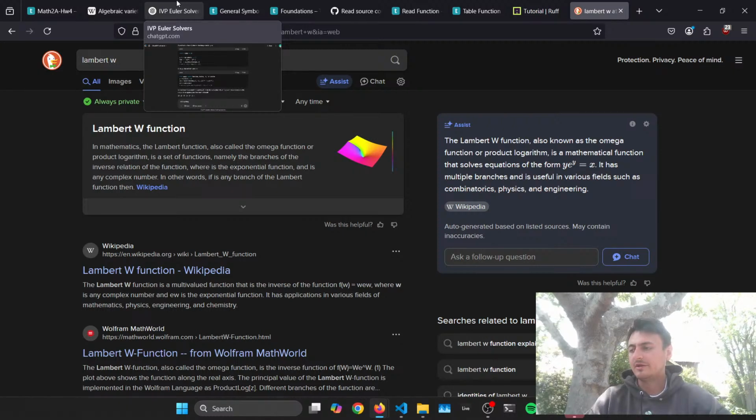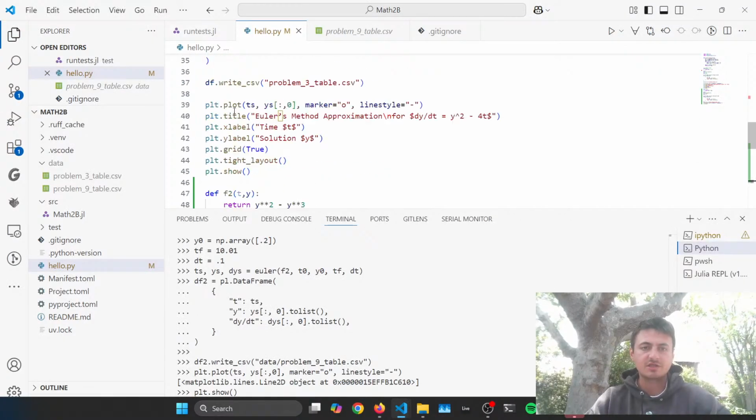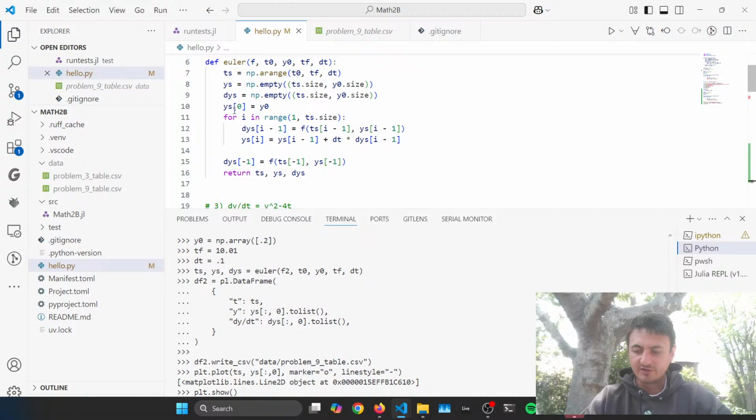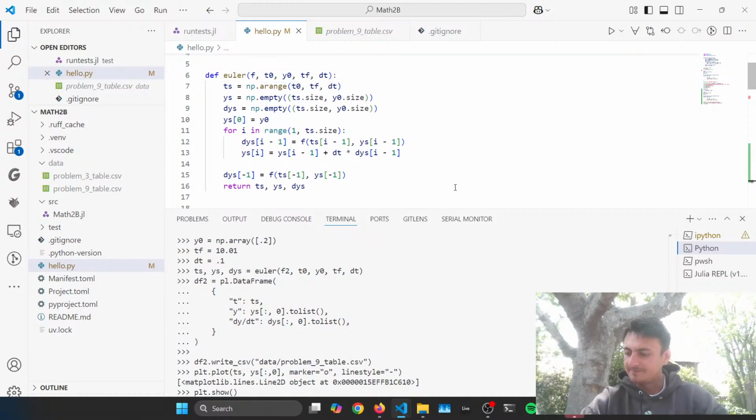How am I doing it with Python? I mean, it's called numerical integration, and it's basically just you discretize the slope field into a bunch of small segments of lines, and as you trace that path, you'll get something that approximates the solution of any differential equation. So that's that.